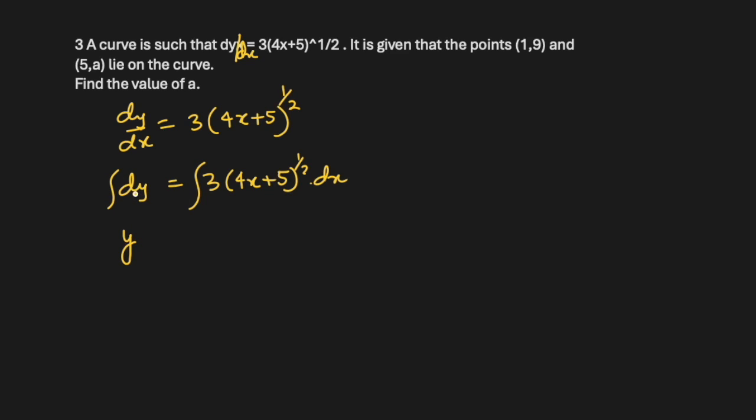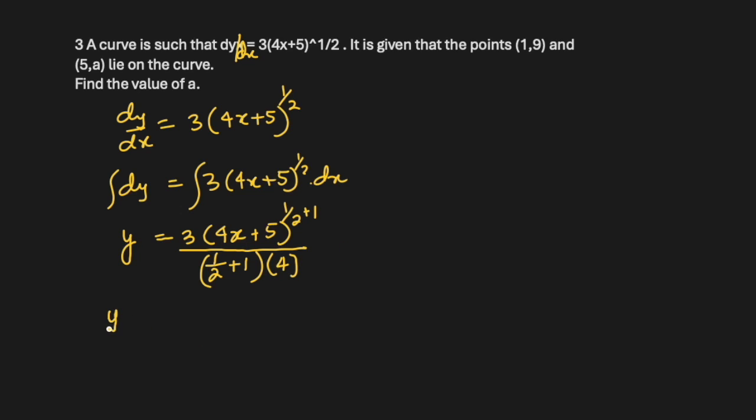So integration of dy will be y. Here it will be 3, and because it's a linear part inside, it becomes easy. We will just add 1 to its exponent and divide by the new exponent. And further we have to divide by the differentiation of what is inside the bracket, and differentiation of 4x plus 5 is just 4, because differentiation of 5 is 0, so we'll divide just by 4.